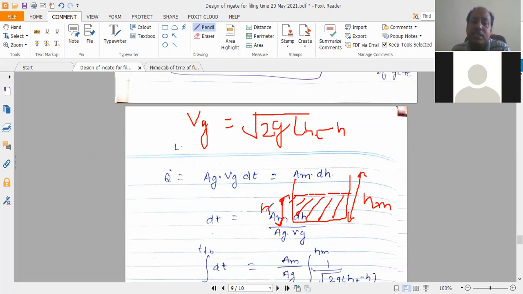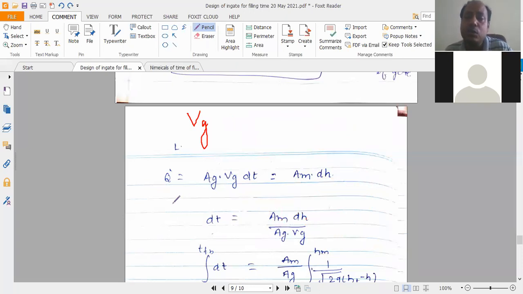So this h will vary from 0 to hm, where the 0 level is here and the hm level is the total filled height, the total mold height.